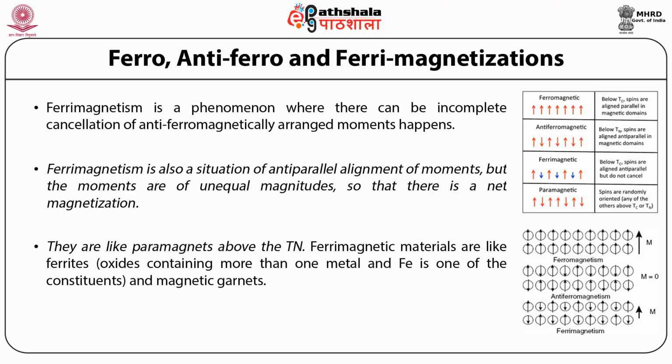Ferrimagnetic materials are ferrites, oxides containing more than one metal, where iron is one of the constituents, and magnetic garnets. It has always been assumed that the state of lowest free energy of ferrimagnetic single domain particles has uniform magnetization.